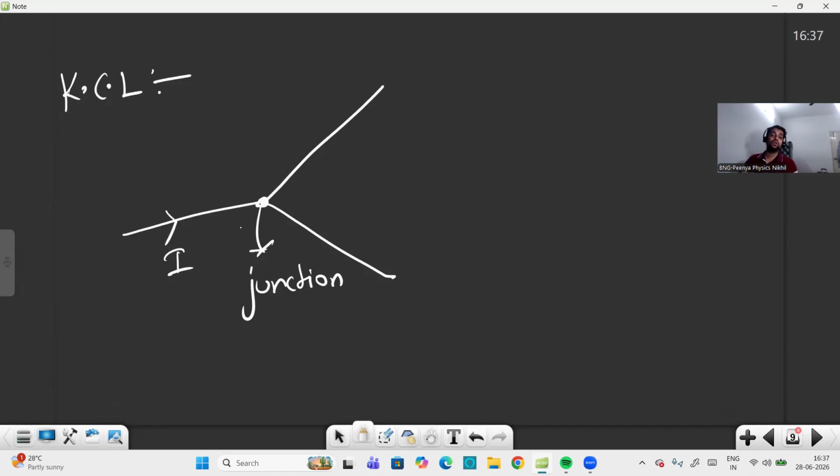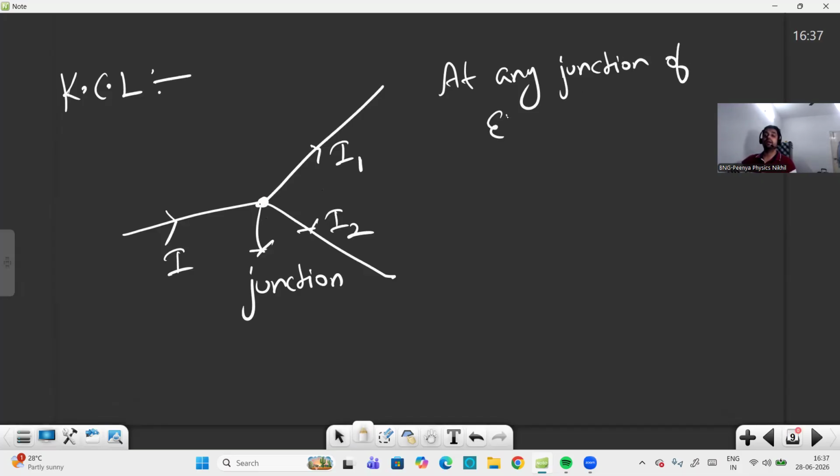So at any junction of an electric circuit, the sum of the incoming currents equals the sum of the outgoing currents, I1 and I2.